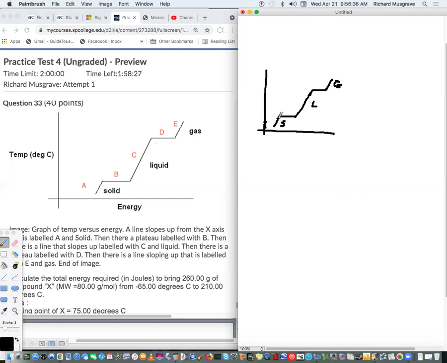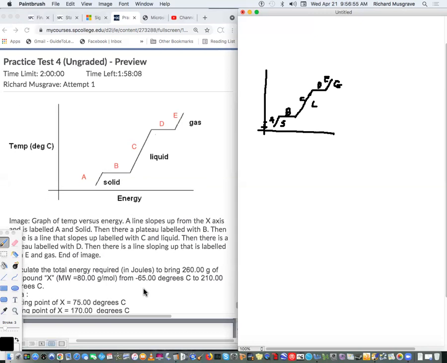And we've got A, B, C, D, and E. The bottom temperature is where we're starting, which in this case is minus 65, and we're going up to 210.